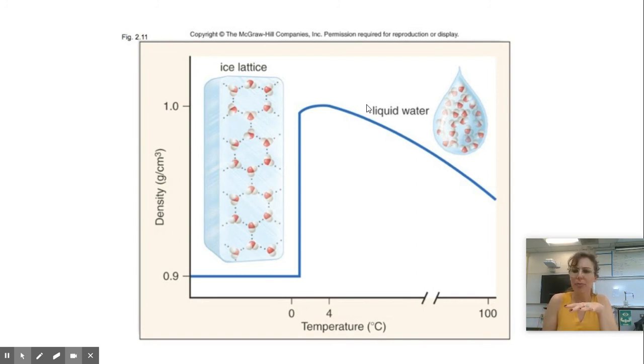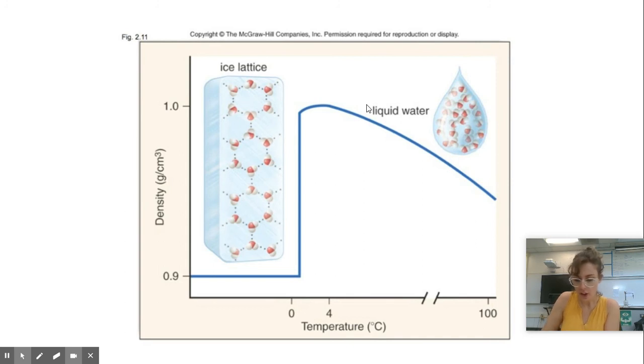If water did not have this property of being less dense when it's frozen, then the cold water at the bottom of the lake would just move up until the entire lake was frozen solid. And what would happen to everything that was alive inside of the lake? It would all die. Okay. And so the biological benefit, if we go to our notes number 6: ice acts as an insulation layer on a body of water, protecting the life below.